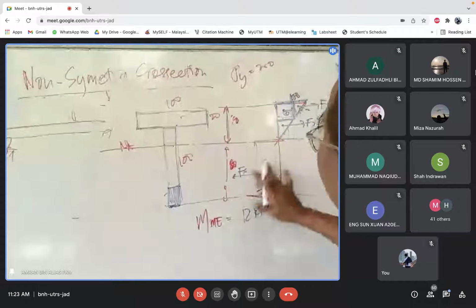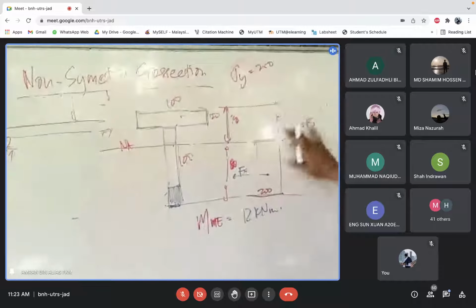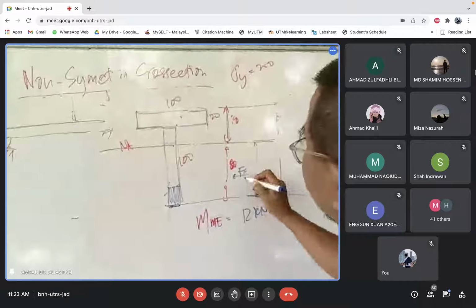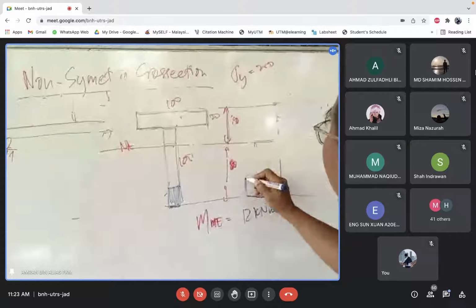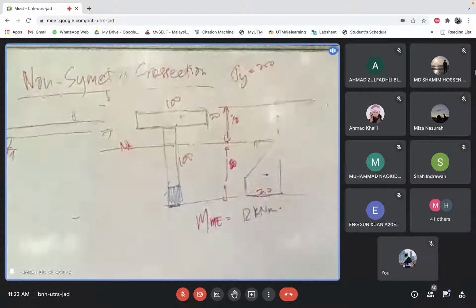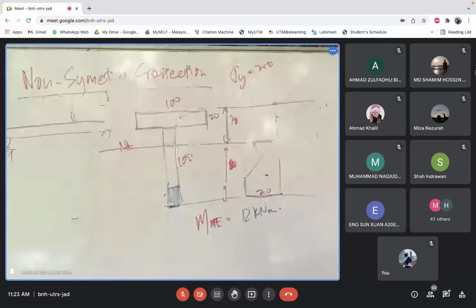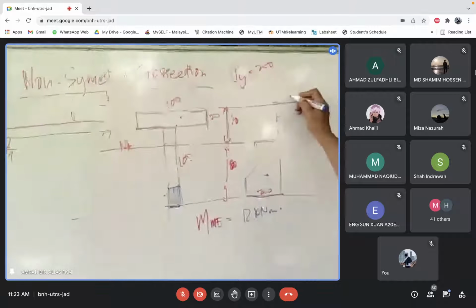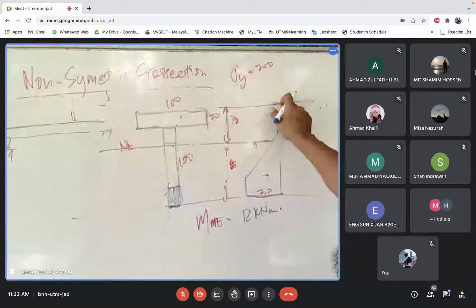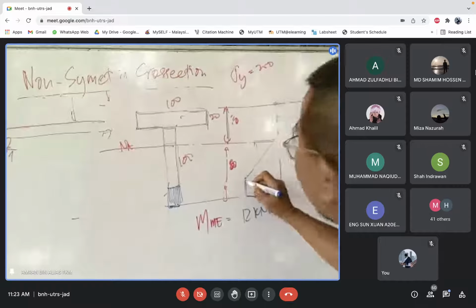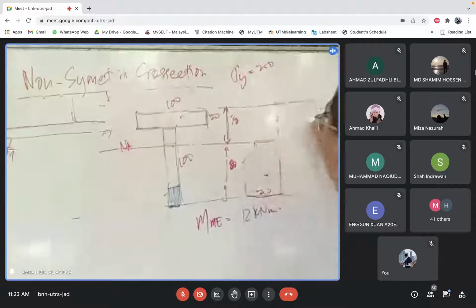So if the plastic diagram becomes bigger, what happened to the stress diagram? This also becomes 200, right? And then there's another like that. Are you with me? Yes. So this is not 100 anymore. It becomes higher and higher, right? Yes. And then becomes bigger there.